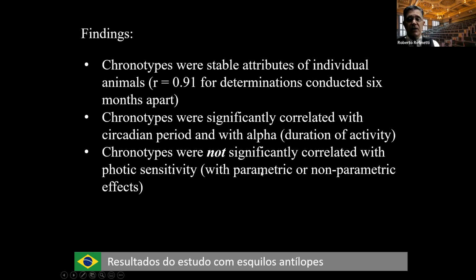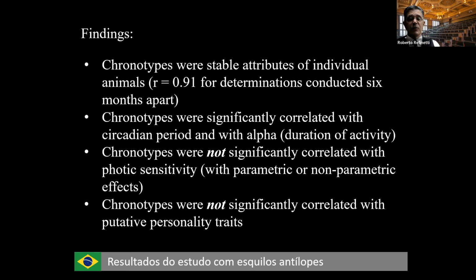And that's what we did here: masking of activity or phase shifts caused by light pulses. And those were not related. So animals that shifted more did not have an earlier or later chronotype. So apparently it's mostly about period rather than the phase shifting ability or the masking of it.